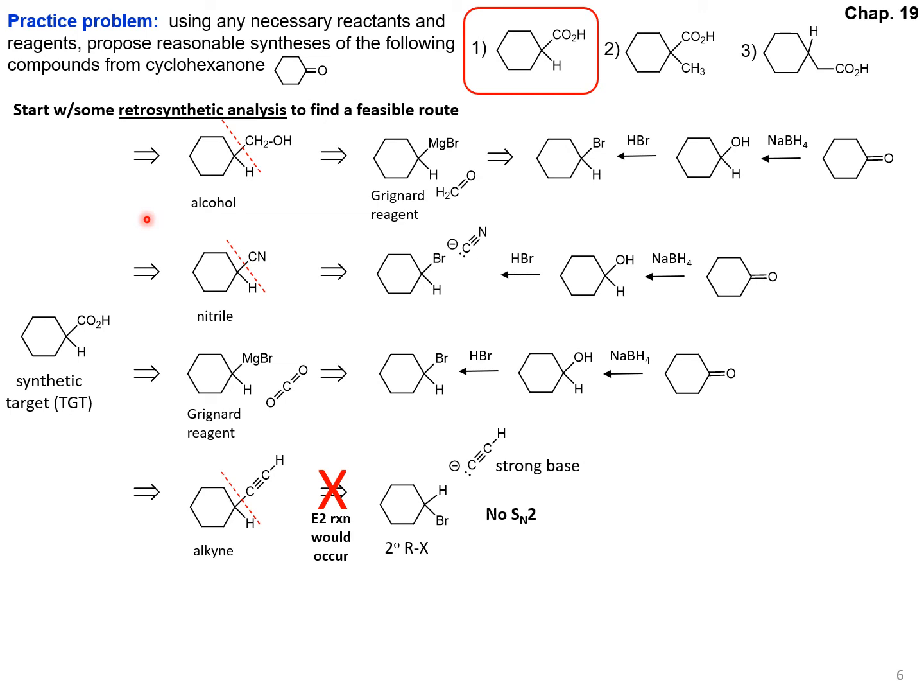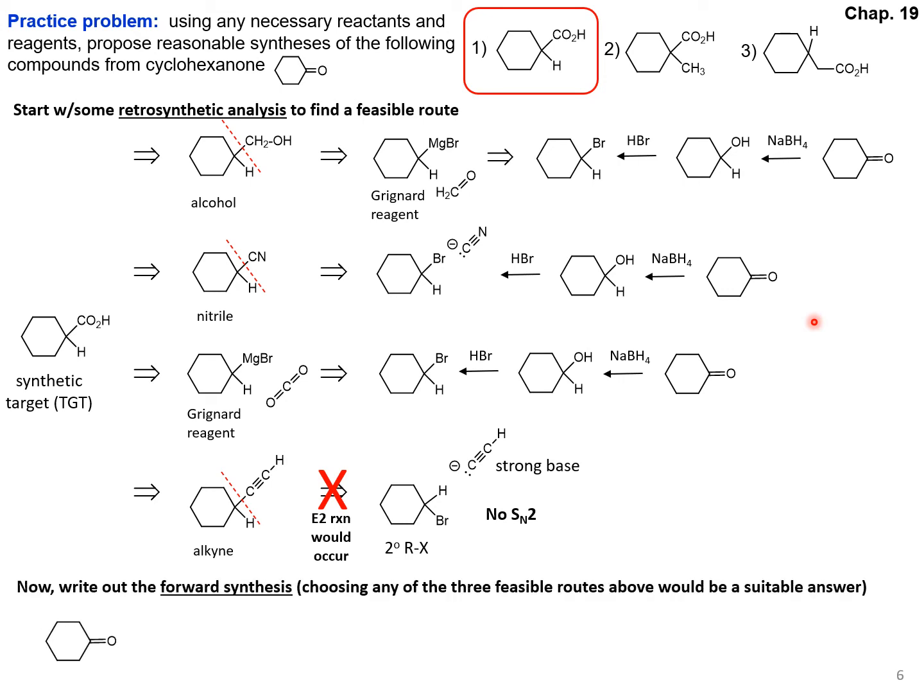I'm just doing this to give you an idea of how you can tackle a problem like this, and you're going to do these other two on your own, and solutions will be posted. Now, this is just the type of thinking that you should do before you actually commit yourself to a synthetic route. So in problems that you're going to be asked in your textbook and on exams, it's always going to be propose a synthesis.